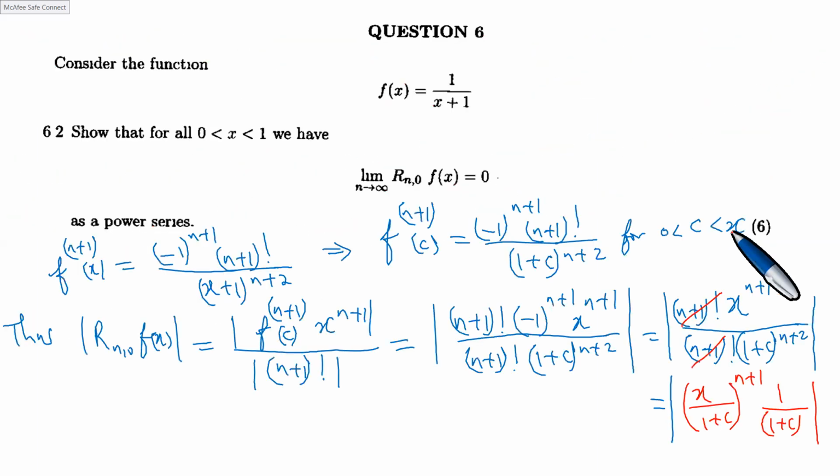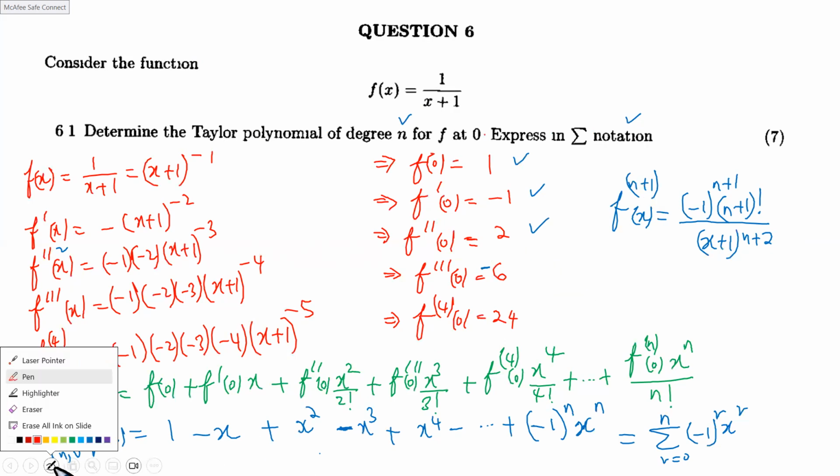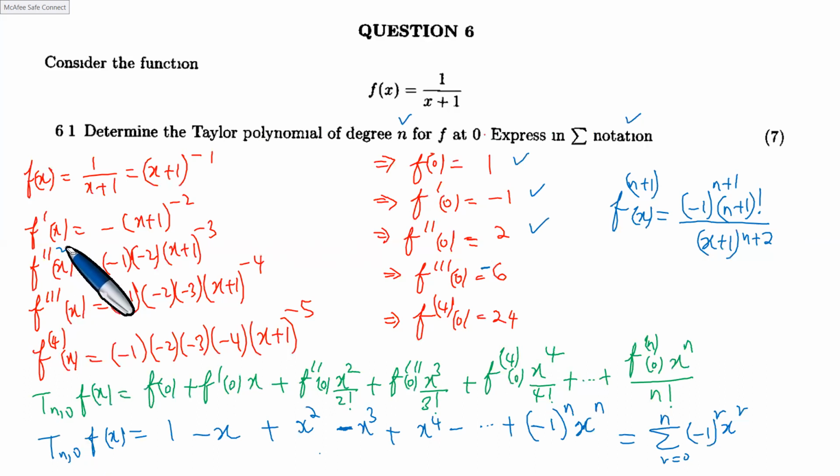Because you'll notice that, determine the Taylor polynomial of degree n for f at 0, expressed in sigma notation. So you have that.